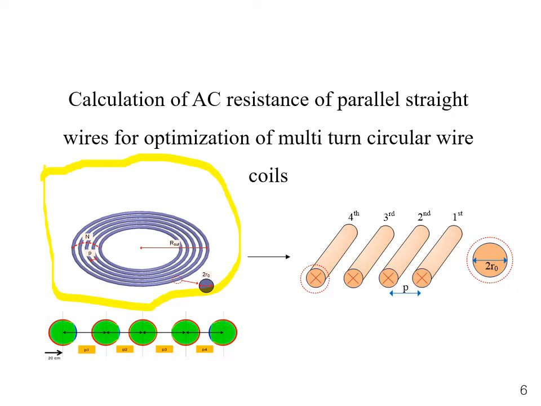As you can see, the cross-section of the multi-turn wire coil is similar to that of the parallel straight wire conductors. And so, by calculating the parallel straight wire conductors, the result can be applied for the design of multi-turn circular loop coils.